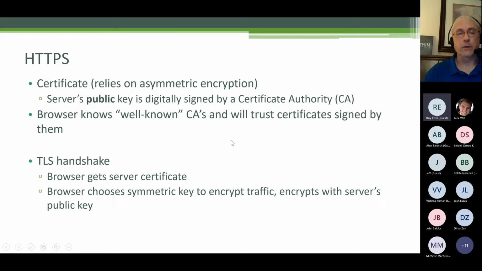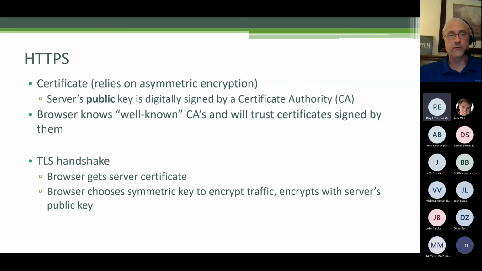So now I have a public key for asymmetric. I don't want to encrypt all of my data using that because I know that's really slow. So the browser is going to generate a random symmetric key. It will encrypt that symmetric key using the server's public key and send it to the server. So now what we've done, the browser got the server's public key, so it could create a random symmetric key and encrypt it and hand it to the server.